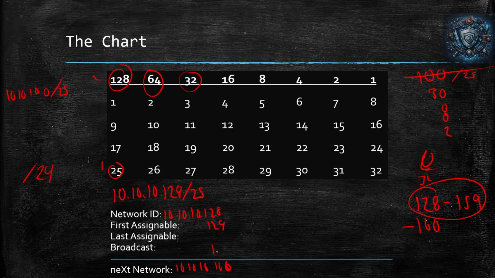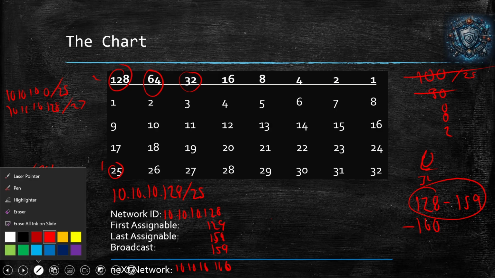Which makes the broadcast 159, makes last assignable 158. All right, so that takes care of our 30 host requirement. So we have 10.10.10.128 /27, and that takes care of our 30 host requirement.